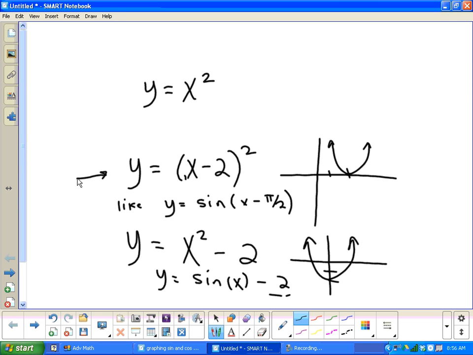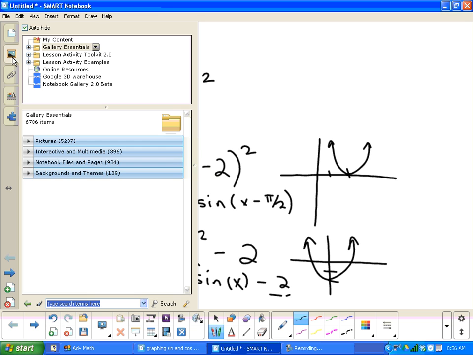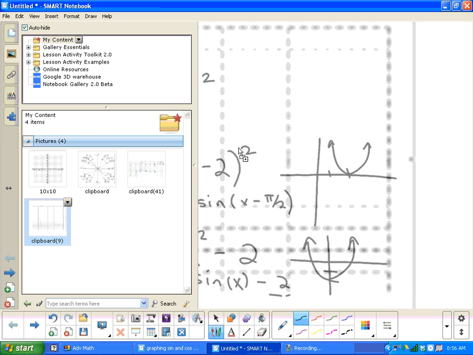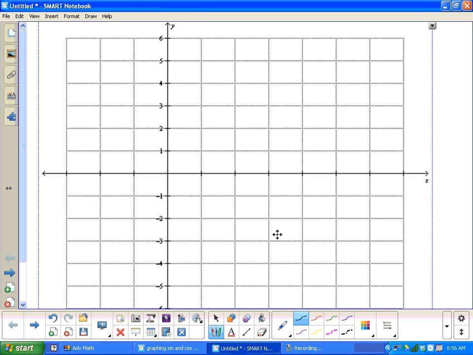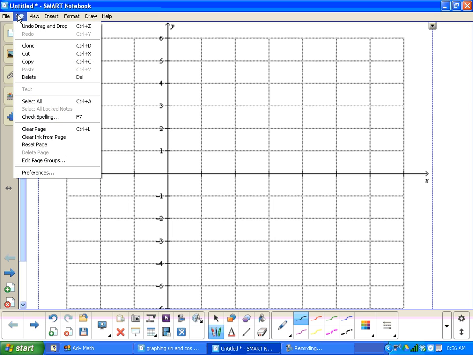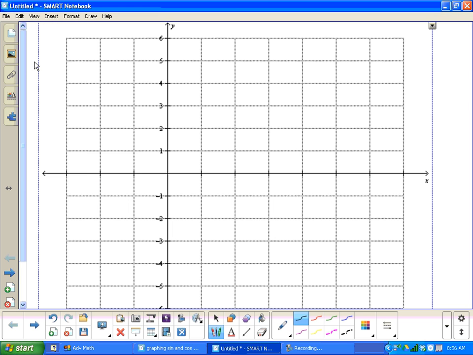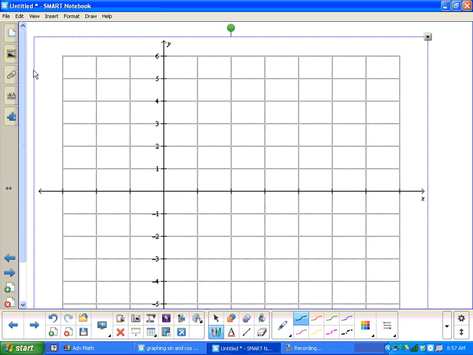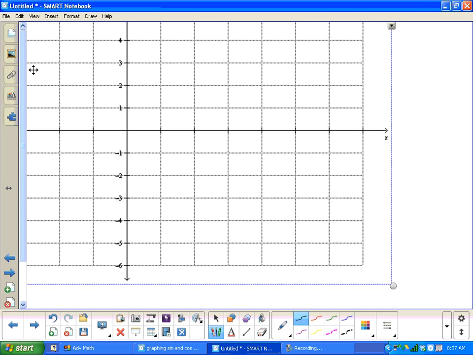Now, it's usually a good idea, especially with vertical shift, to use this graph paper, okay, that I've sent you here. Which one was it? Yeah, that's it. All right, let me shrink it down a little bit.